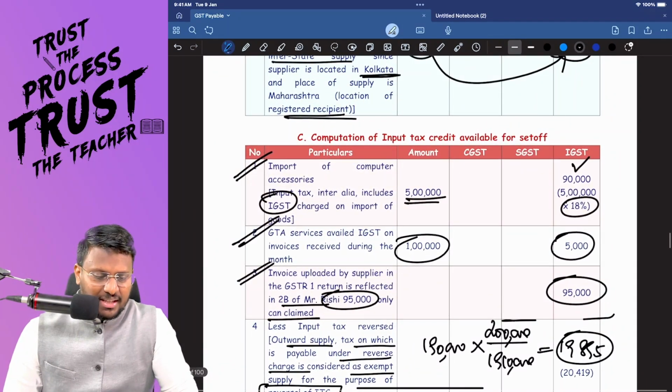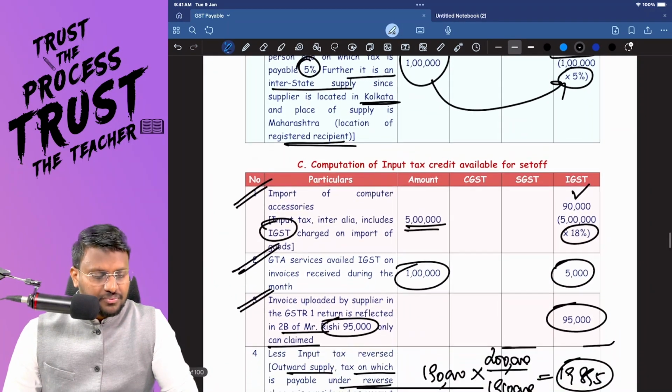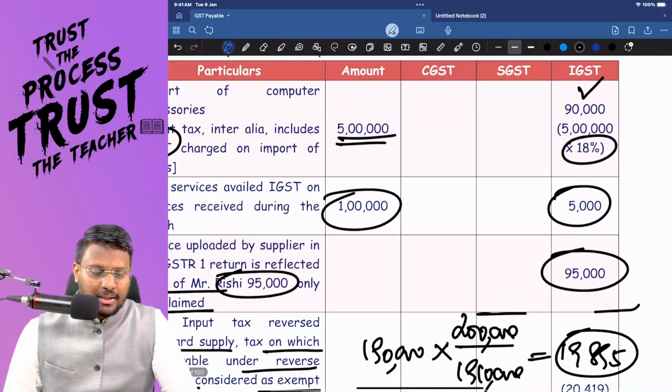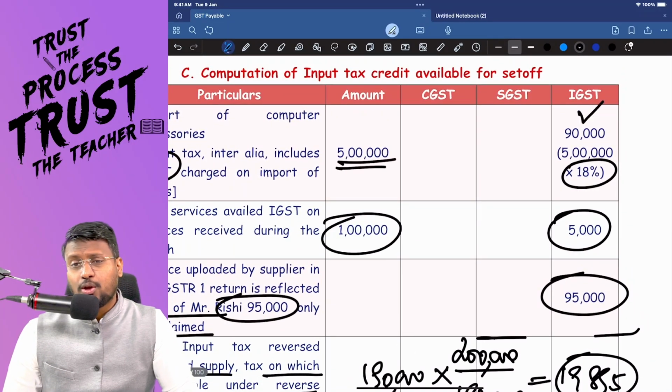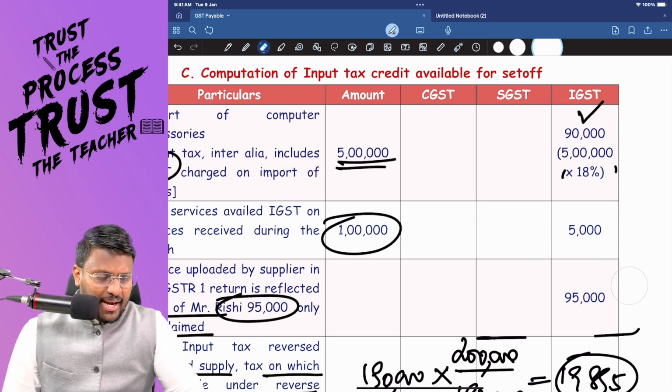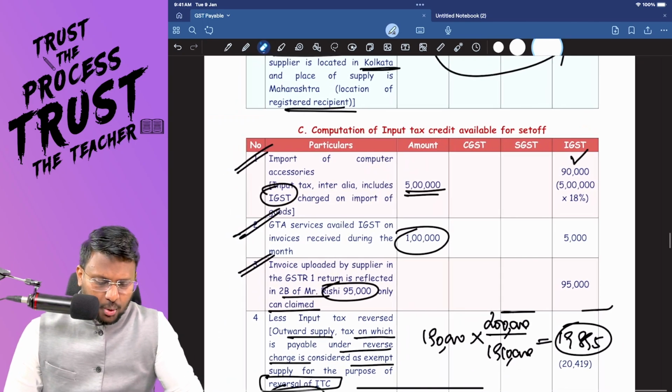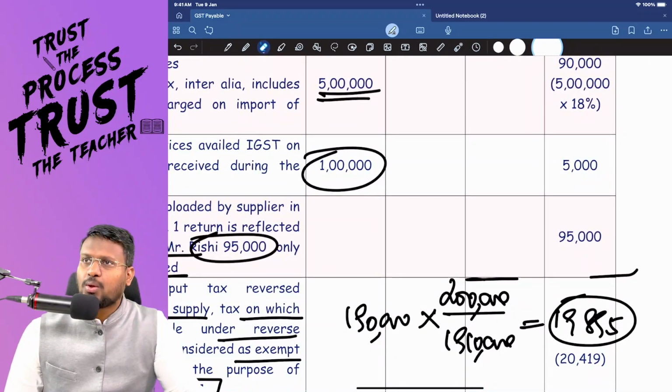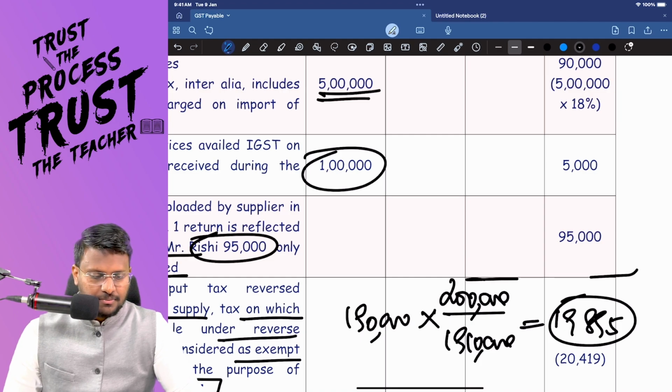But you are saying that, sir, 1,90,000. There is a difference of 5,000. Can you find out what is that difference of 5,000? 5,000 GTA services, so that we have included here now. GTA availed services 5,000. Search in the question.